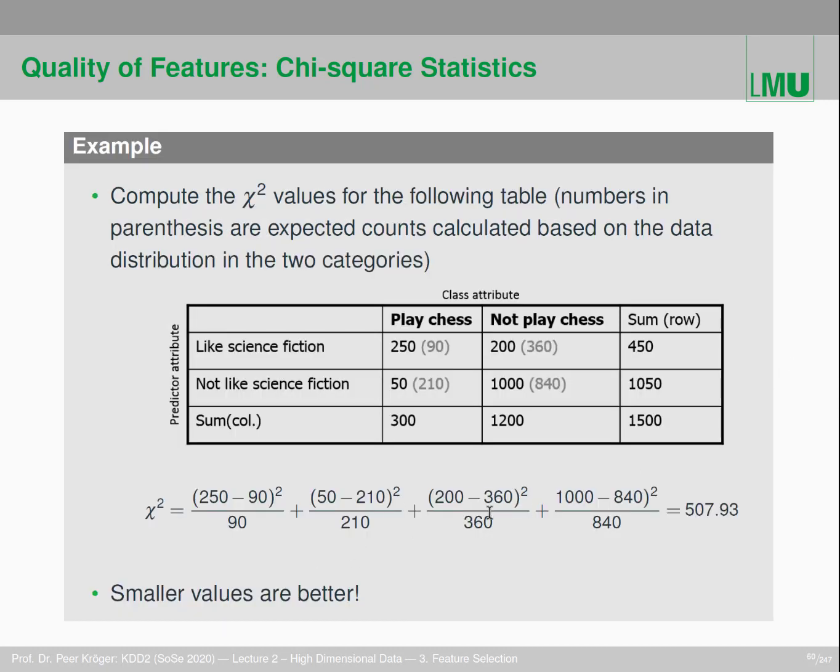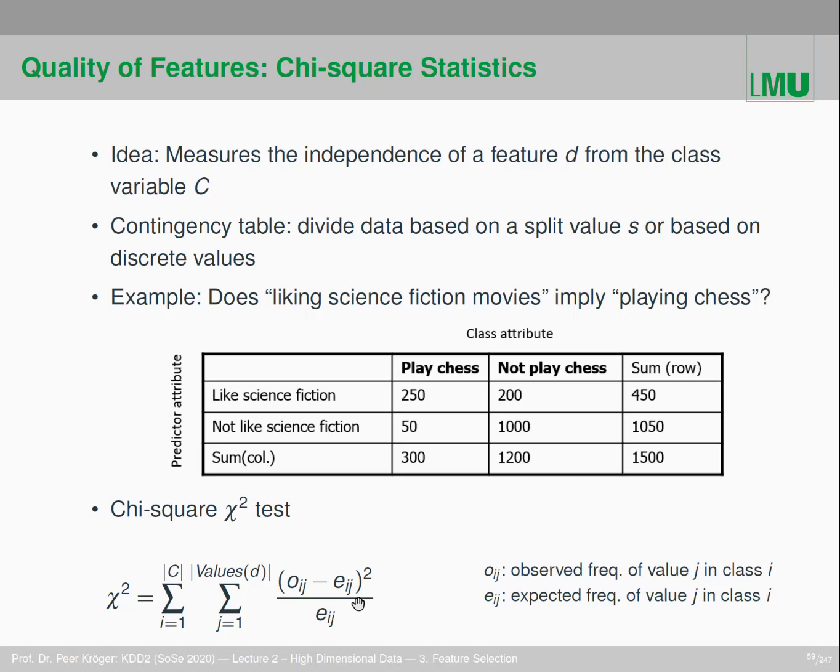So in that case, if the dependence is good, yeah, if this one is small, it's good, because if it follows the class distribution, that means that this particular split is good to predict the class value. So you want to have a small value here, meaning that O and E are more or less similar.